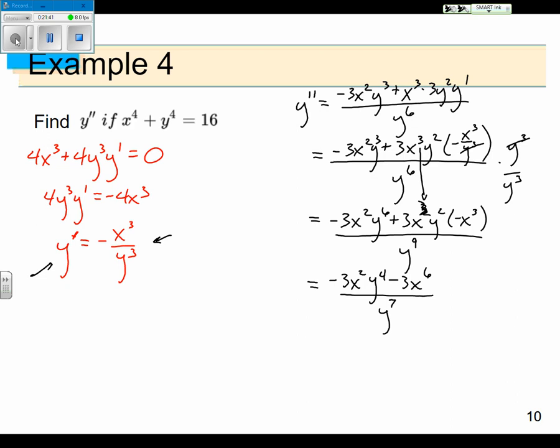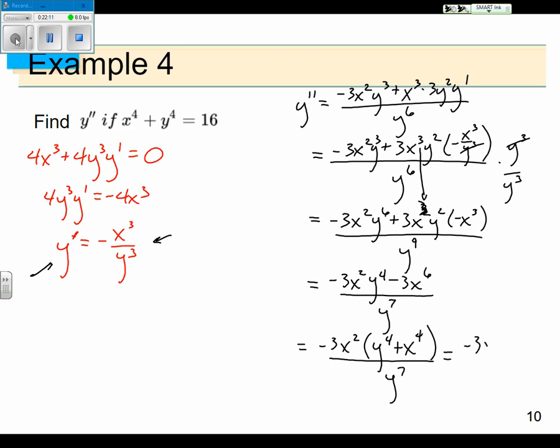I think I could get even more simplified than that. Because see, I have a negative 3x squared in common on top. So let's just see what happens if I pull that out. I'm left with y to the 4th plus x to the 4th over y to the 7th. That does look better. I think we could go a little bit further. I'm running out of room.